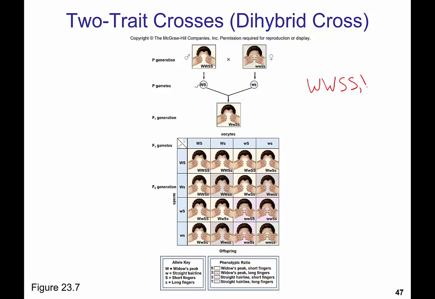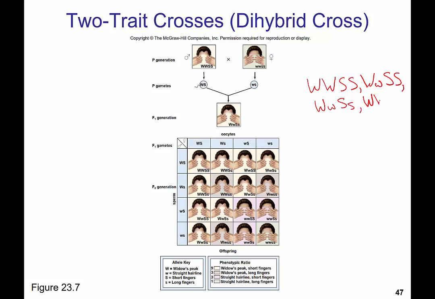We could also have a combination where we have one big W, one little w, big S, right? That would also give us widow's peak and short fingers. We could have another dihybrid, right?